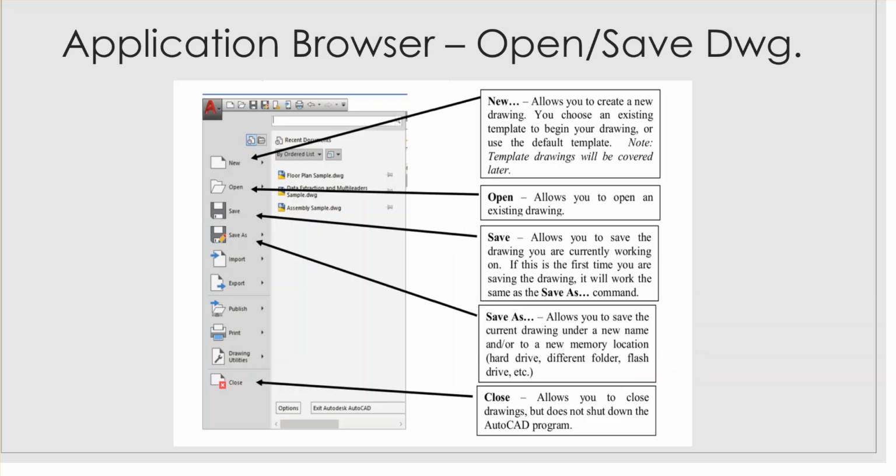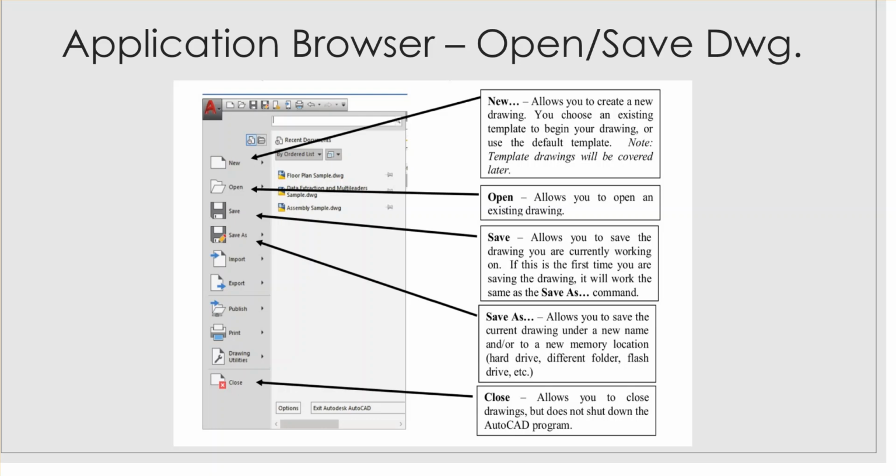The application browser, or the big A, that is found at the top of your drawing space, is where you will open and save your drawings. You can go here when you want to create a new drawing. You can go here when you want to open an existing drawing.